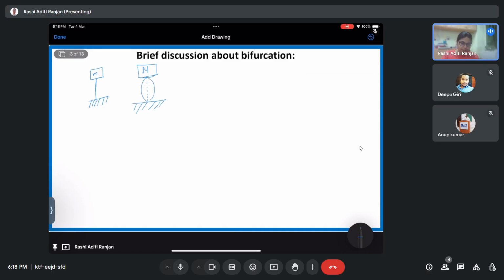Buckling, like this or like this. It is going to have either of the two positions, right? Okay, I'll just make two different figures. Either this or this. The beam is going to buckle either like this or like this.